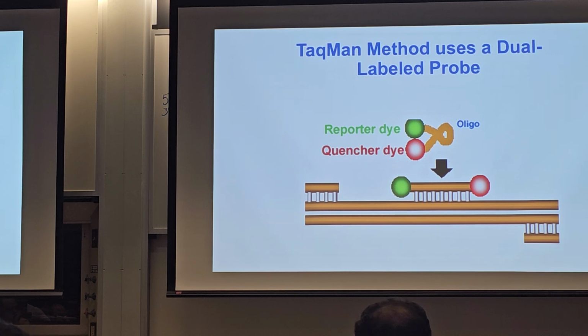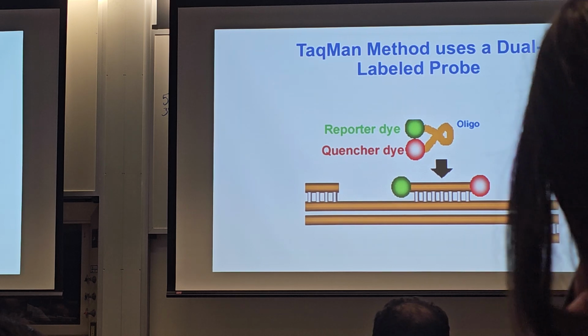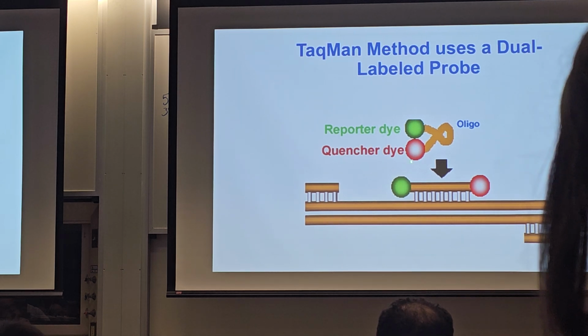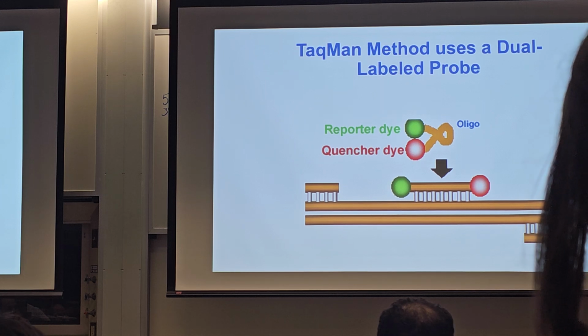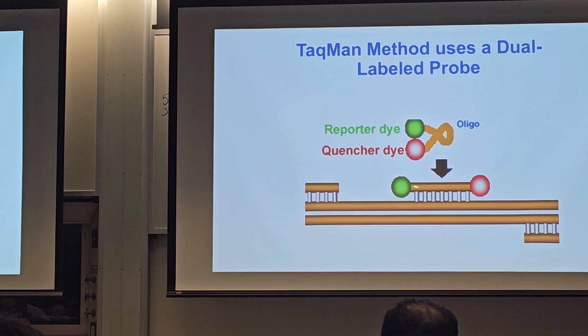It's actually Forster. Anyway, I had physical chemistry about 1,000 years ago. So the quencher is inhibiting the reporter dye from fluorescing. And the same thing is true when it's hybridized to the template. These things are too close together, and so the reporter does not emit the signal here.